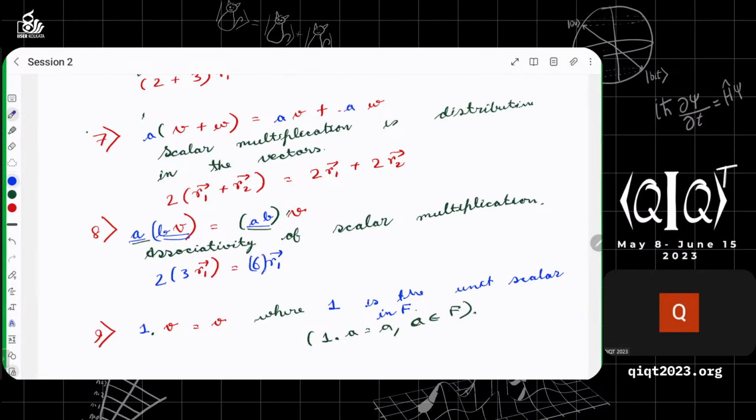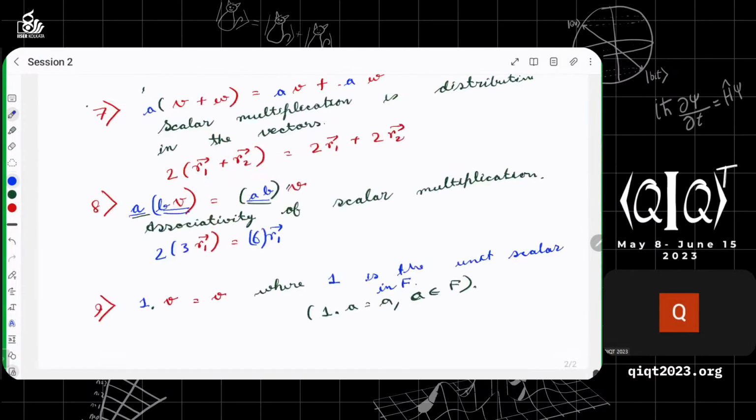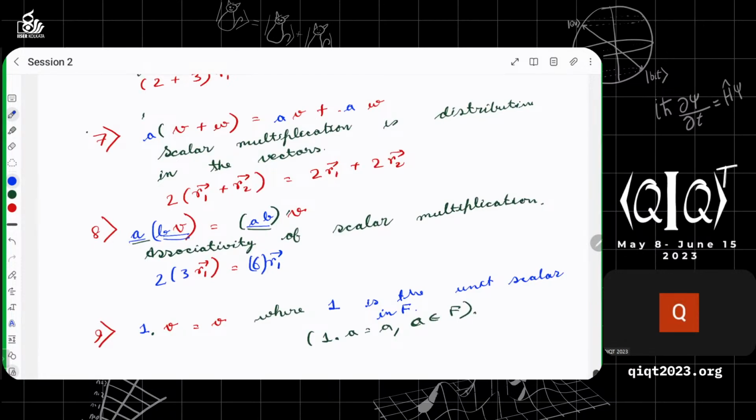Basically, you multiply 2 and 3 first and then multiply it with the vector. And 1 into R1 vector will be R1 vector, where R1, R2 are all elements of R3 as we had assumed, and these are of course real numbers.